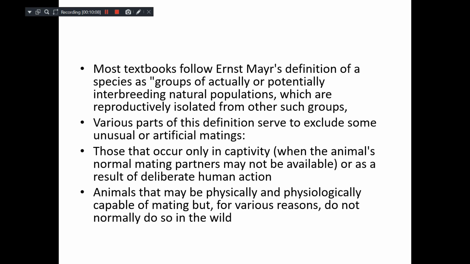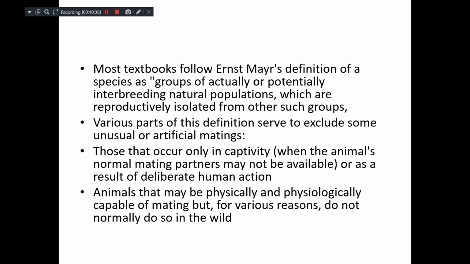Unusual or artificial mating. Suppose two organisms do not interbreed or mate naturally, but in captive conditions or artificially, they are able to reproduce. Whether they should be called the same species or different species, that is the question. There are many hybridizations going on in plants and so on.